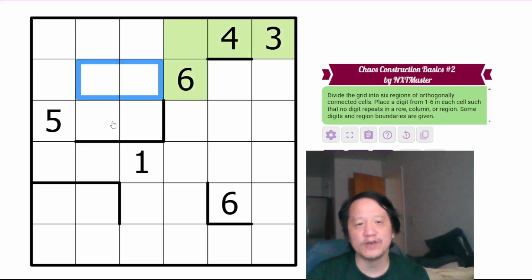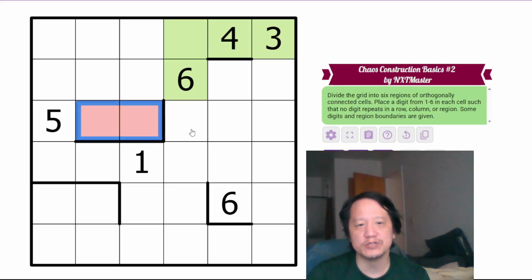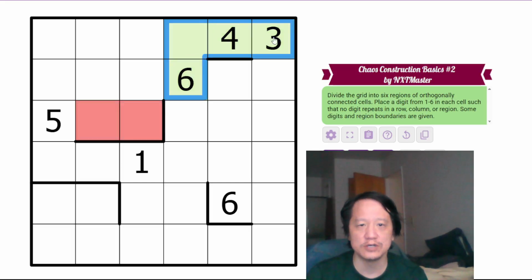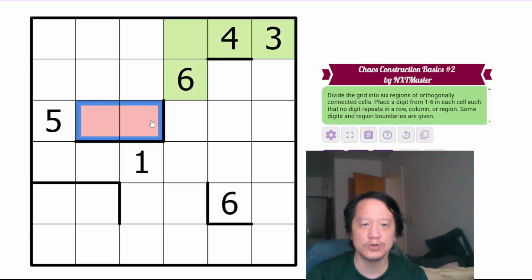What would not be valid as an orthogonally connected region would be something like this, because these two cells, even though they can get to each other by going through edges while staying within the region, to get to the other cells in the region, they would have to go through a corner or go through an edge but exit the region, which is not allowed.